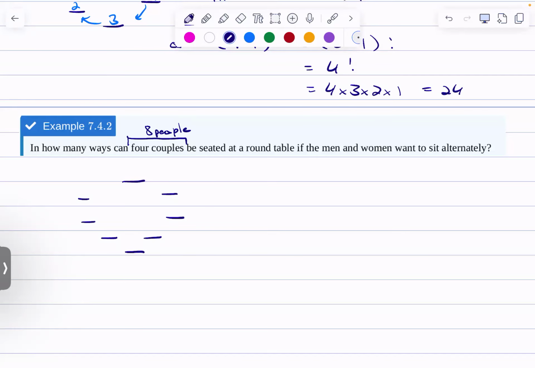We're going to use the same trick. Force a person to sit down and start there. Depending on if this was a man or a woman, that'll determine who has to go here, how many I have to choose from here. For simplicity, let's say there are 4 men and 4 women.